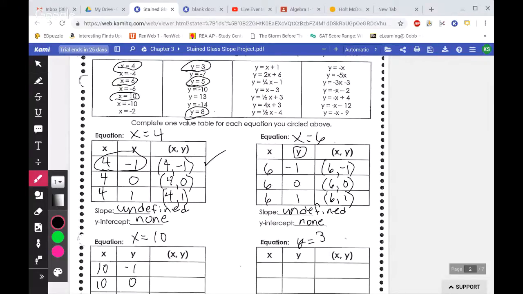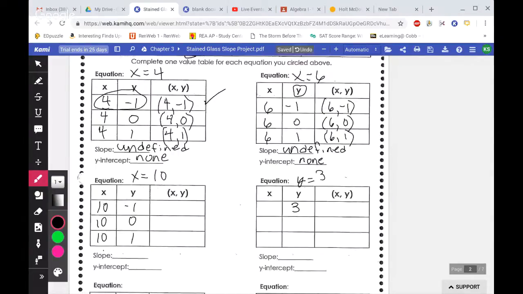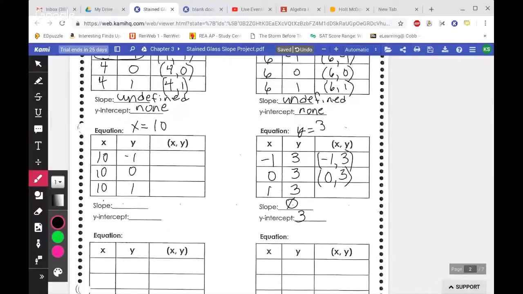Okay, I'm just going to do one, and then you use it as a pattern. Like I say, on this one, your X can be anything you want it to be. Your Y is always going to be whatever the definition of the line is.